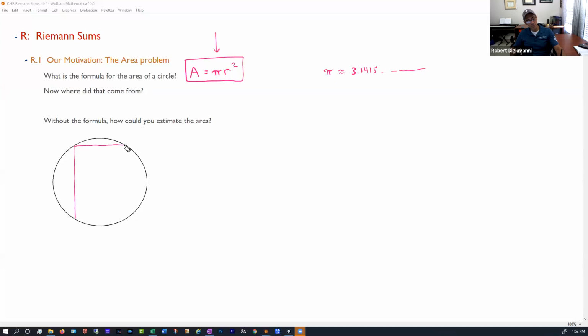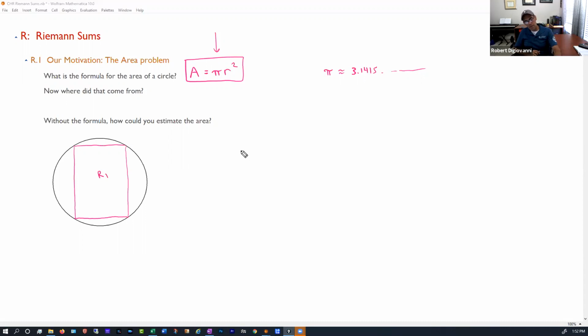If I was really good at measuring things, could I not approximate that area by drawing a rectangle in there? Let's just call that rectangle 1. We should be able to find the area of rectangle 1 by measuring real carefully, right?